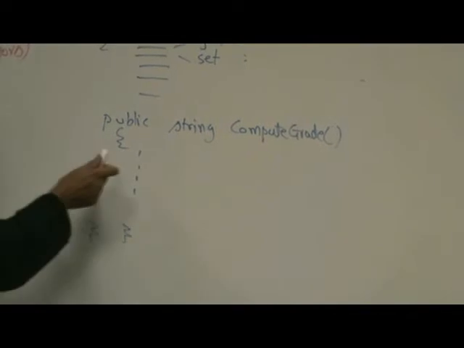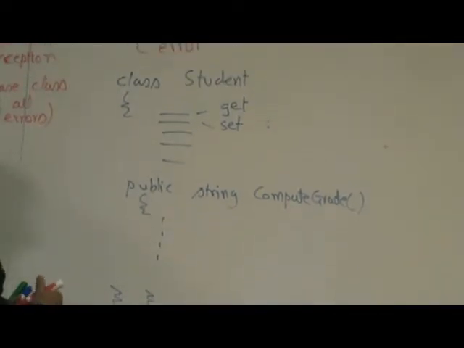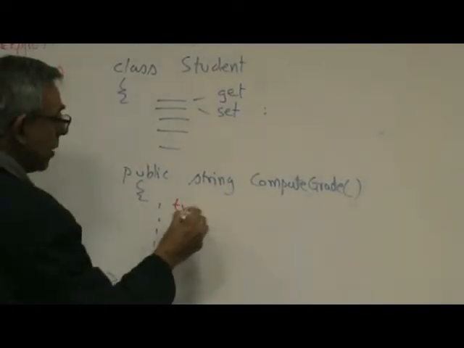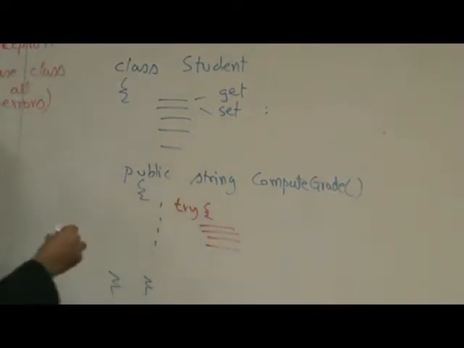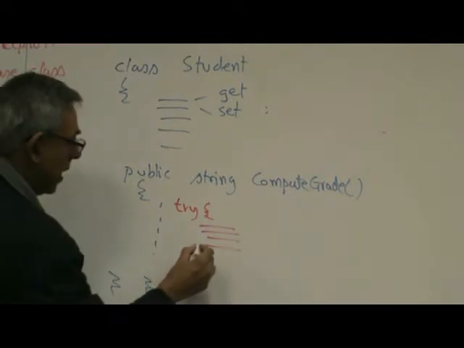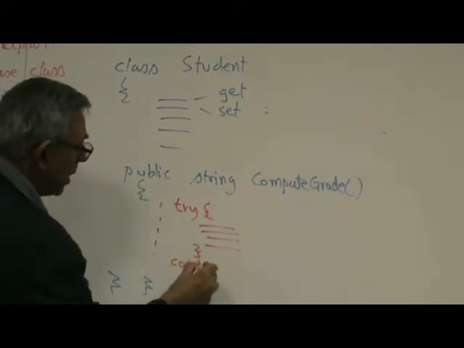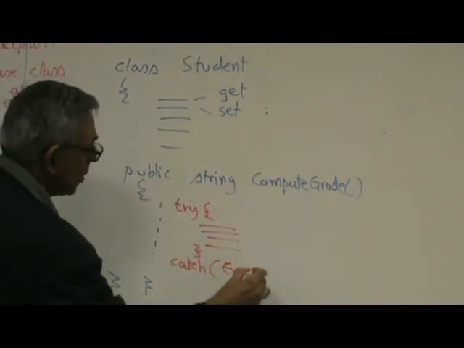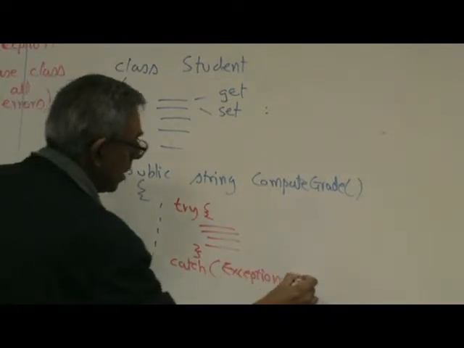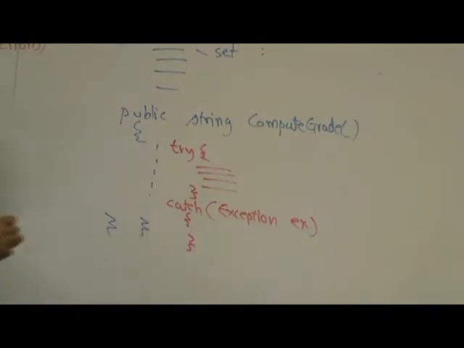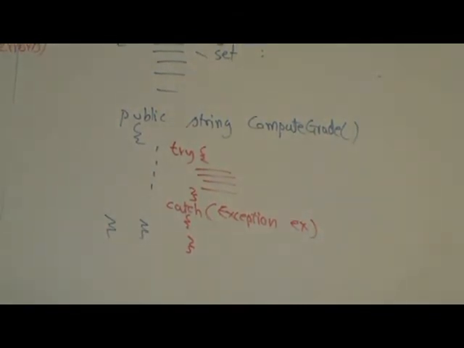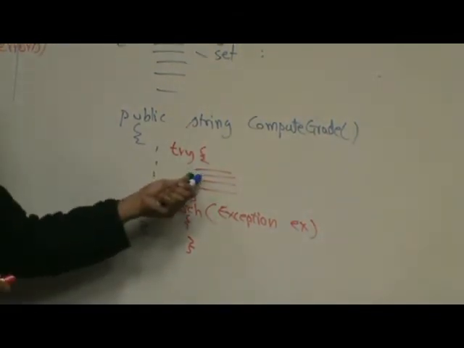So the proper way to write the student class will be, you'll write a try, and whatever code we wrote for computing the grade, and then you will say catch exception EX. So the next question is, what should we do if we run into an error?